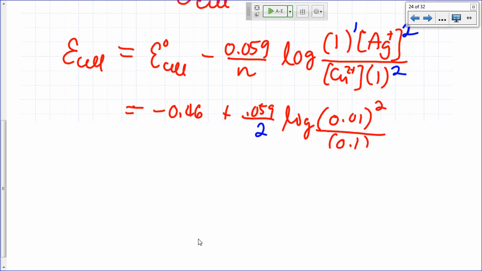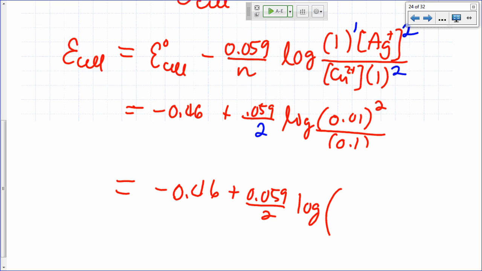So our cell potential is negative 0.46 volts plus 0.059 divided by 2 log of, what would this be? That's 10 to the negative 4 over 10 to the negative 1, so that's 10 to the negative 3.